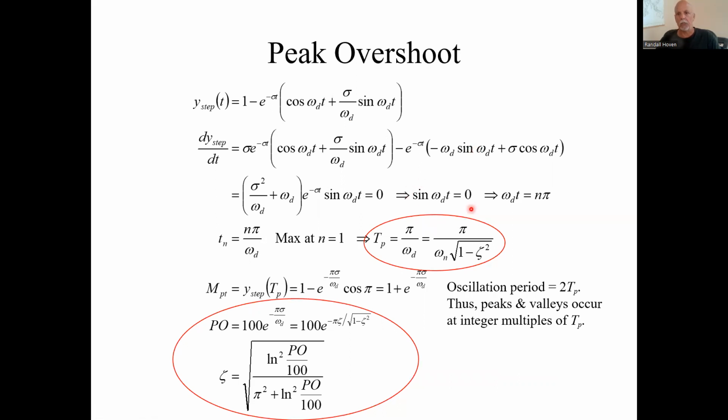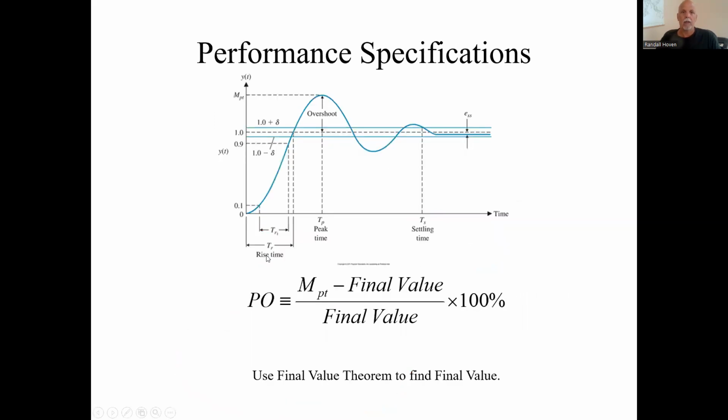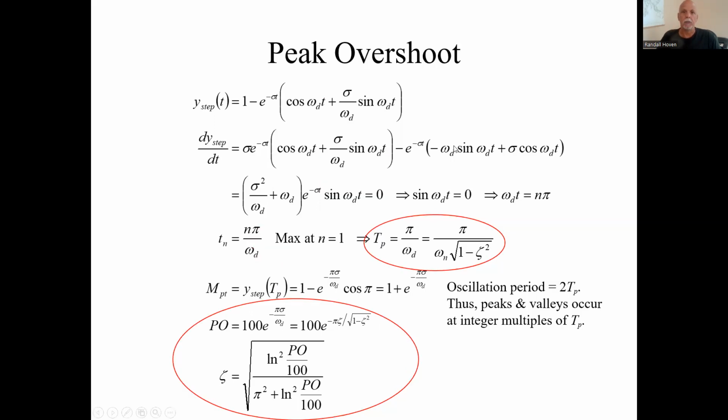And we find that's when sine of omega sub d t is 0, which means times are integer numbers of pi over omega sub d, the damped frequency. Here is where n equals 0, but the maximum would occur at n equals 1. These later n's are smaller deviations.